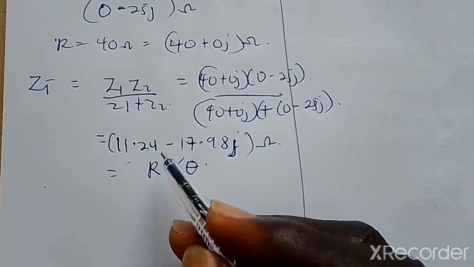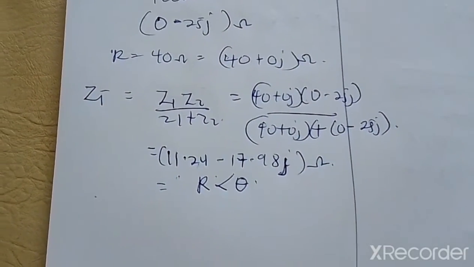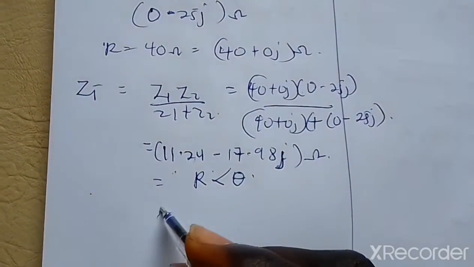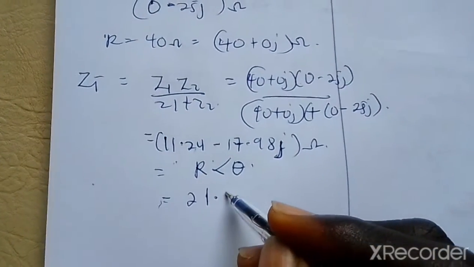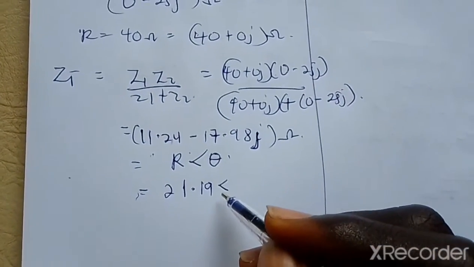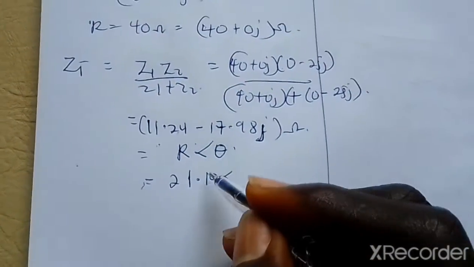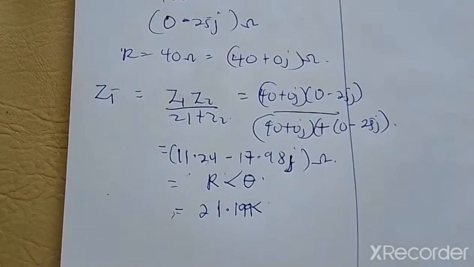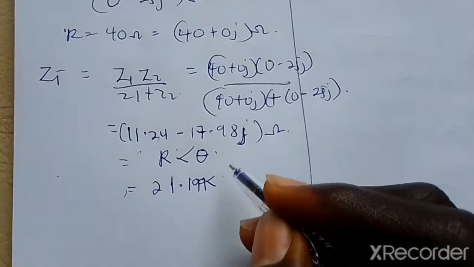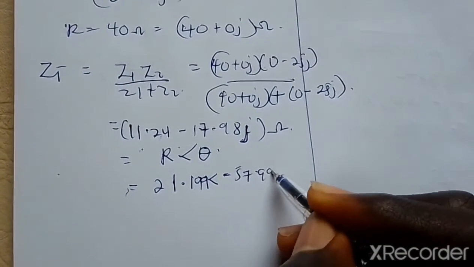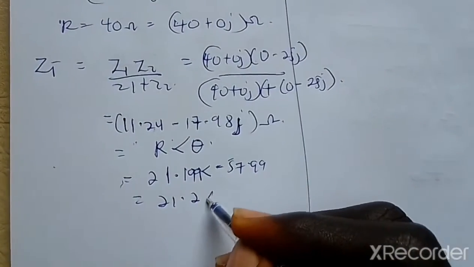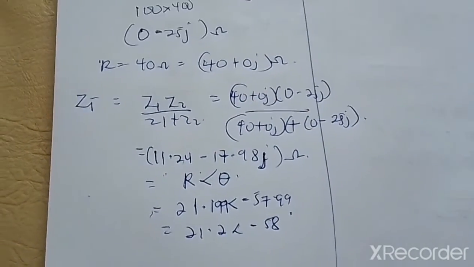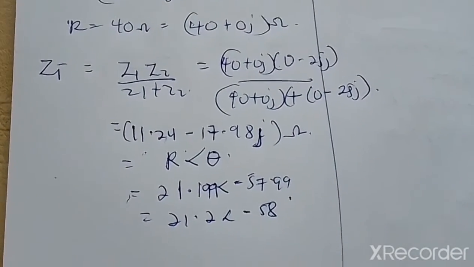So we will find the magnitude of this, and when you convert that, that will give us 21.19, then the angle is negative 57.99. So let's make it 21.2 angle negative 58 degrees. So this will be our total impedance in the complex mode.